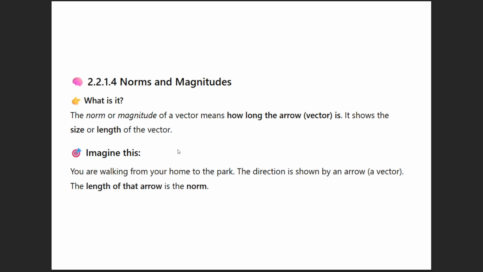Okay, so what do you understand from norms or magnitude? If you are walking from your home to a park, it will show a direction, shown by an arrow called a vector. That is the direction from your home to the park. The length of that arrow is what we get from the norm.